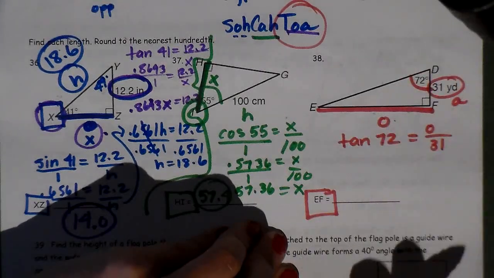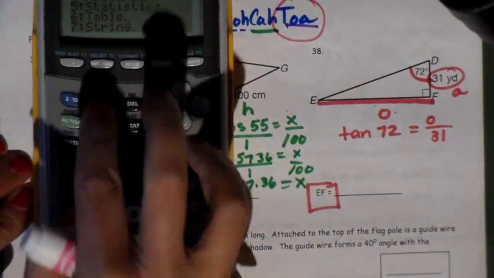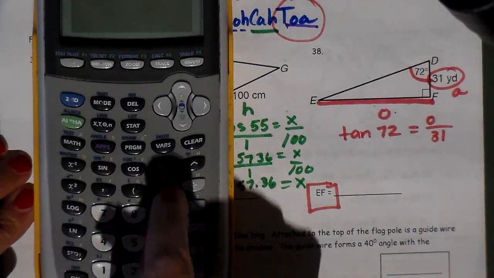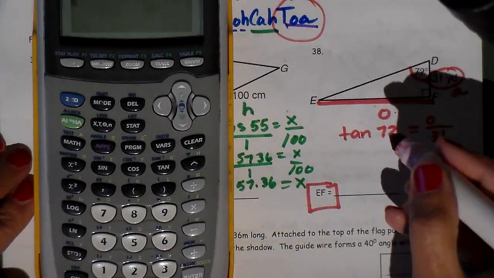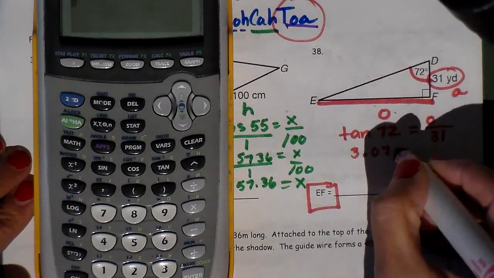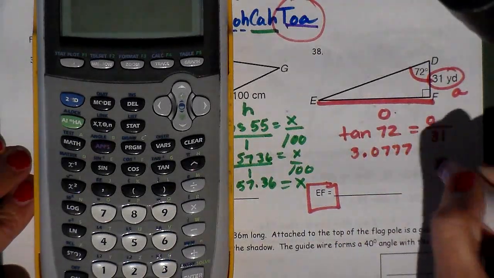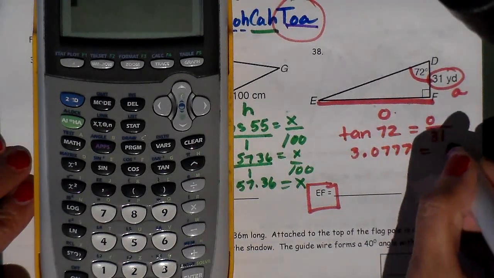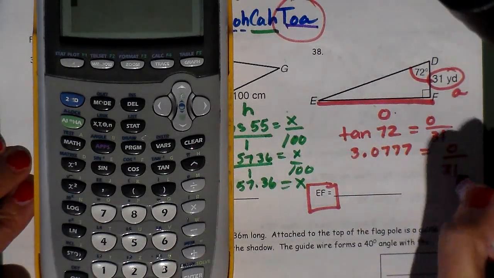Opposite over adjacent, okay? Tangent of 72, when you put it in the calculator, is 3.0777. And that is equal to opposite over 31.